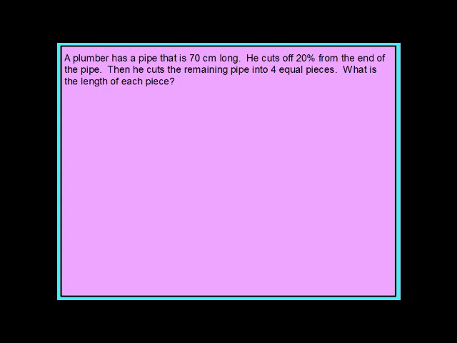First, I will draw a model to represent the problem. The first bar that I will draw will represent the entire pipe. And we know that that pipe is 70 centimeters long. And again, we'll label it with 100% since it represents the entire pipe.